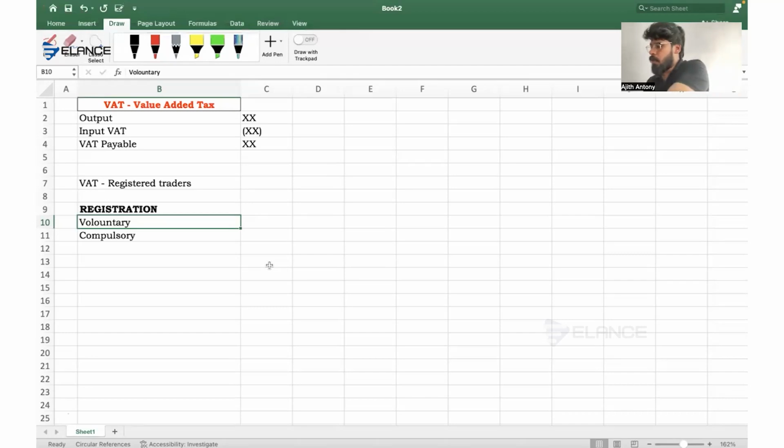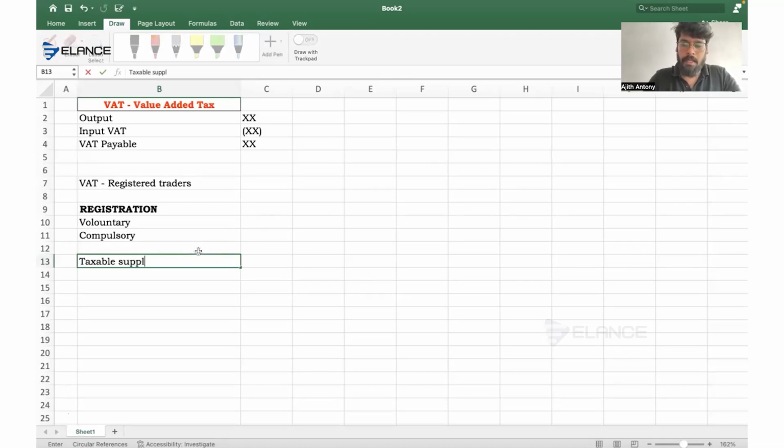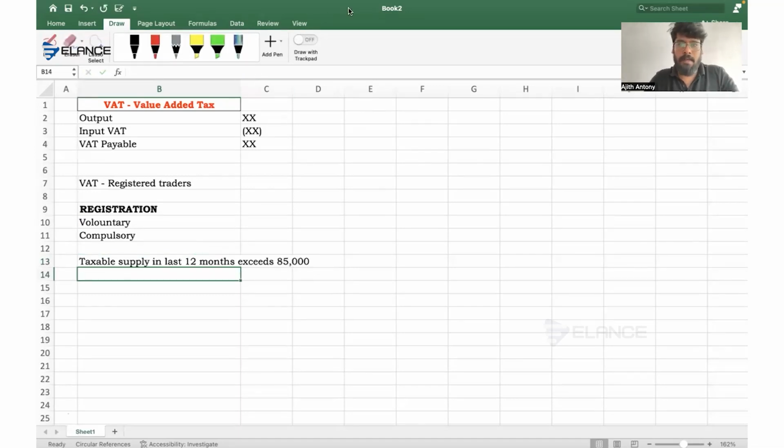So voluntary registration means anybody can register for VAT without any restrictions. When it comes to compulsory registration, there are some criteria. Some traders should register for VAT without fail. The condition for compulsory registration: if a trader's taxable supply in the last 12 months exceeds 85,000, he is liable to register for VAT.